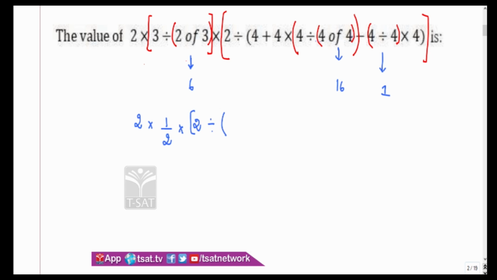This 4 of 4 is 16, then 4 divided by 16 is 1 by 4 here. 1 by 4 into 4 is 1, therefore it is 4 plus 1. Then after that you have 4 divided by 4, 1 into 4, it is 4.